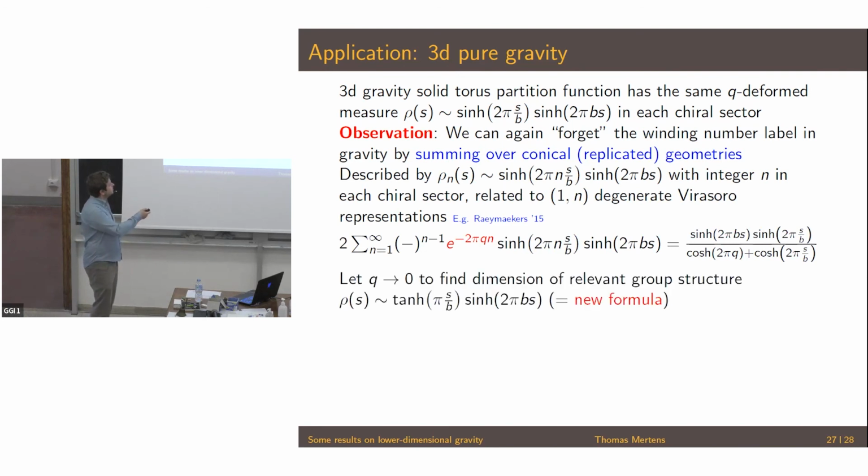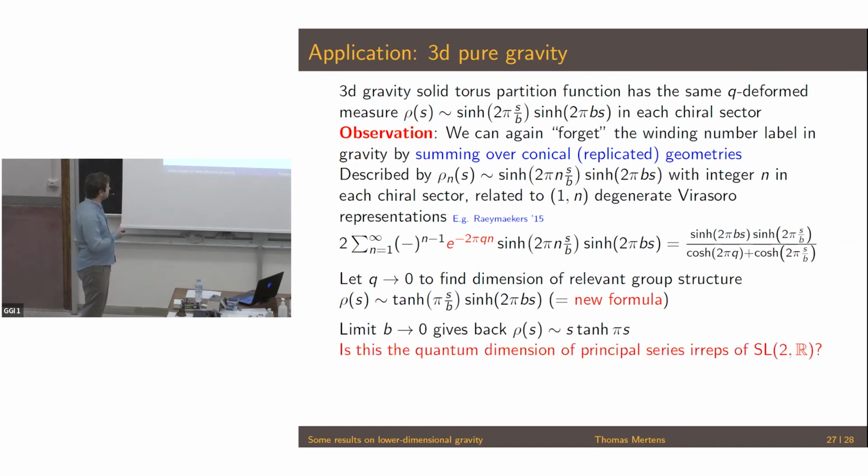And then at the end, you set the regulator back to 0. And then you find the dimension of the relevant group. So this is not the gravity results. This is going back from the actual 3D gravity results back to the group that it corresponds to, which would be a quantum group in this case.